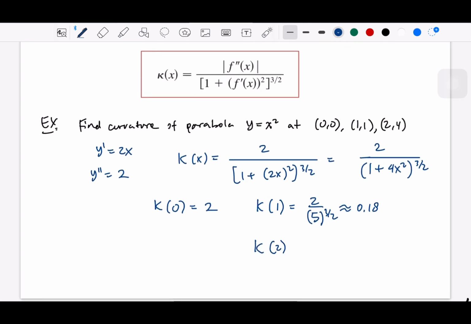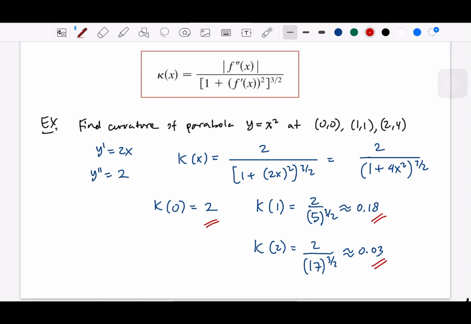And this will be 2 over 17 with power of 3 over 2, or you can see this is 0.03. So to observe this, we can conclude that at the point 0, the curvature is the highest.